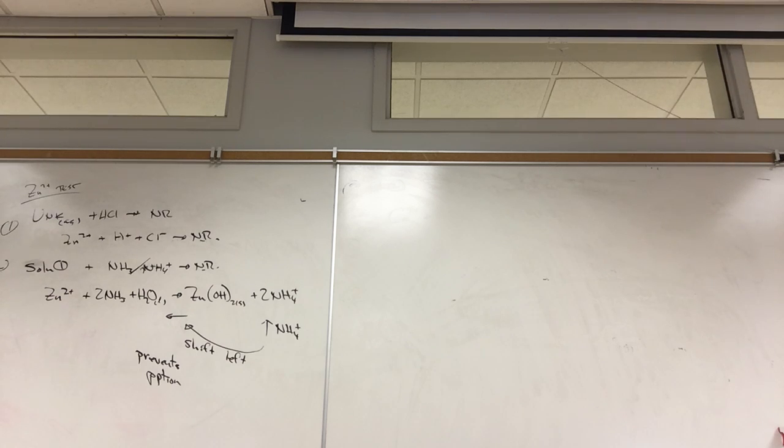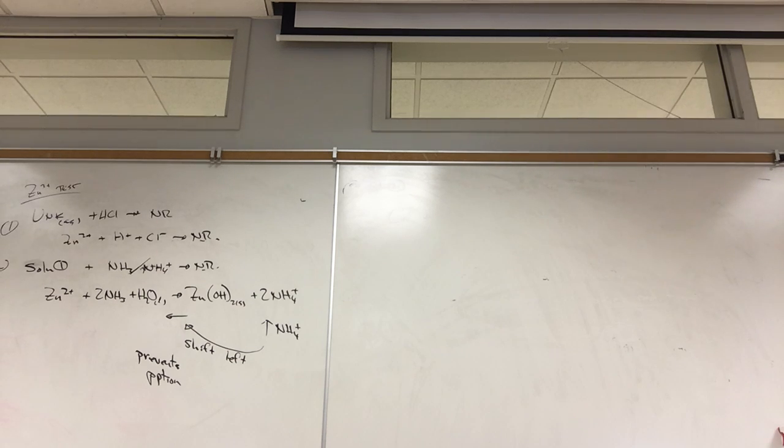How can you predict? Because ammonia could react in different ways. Hard, soft, yeah, that's it. It's the hard, soft. We have to use MO theory and all that other stuff. It's not so easy to predict, right?